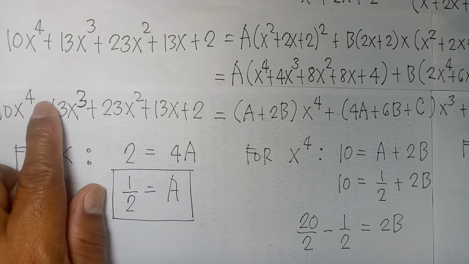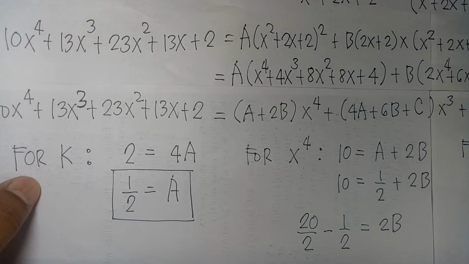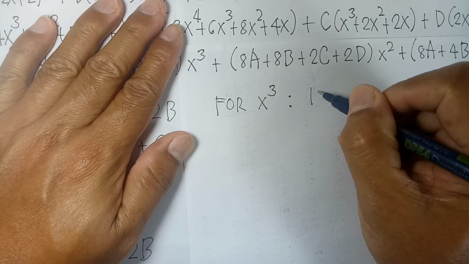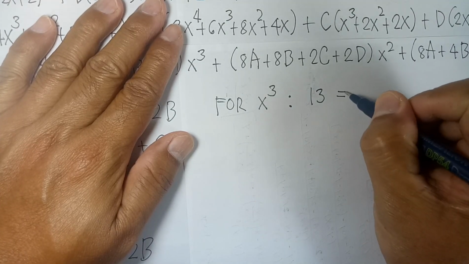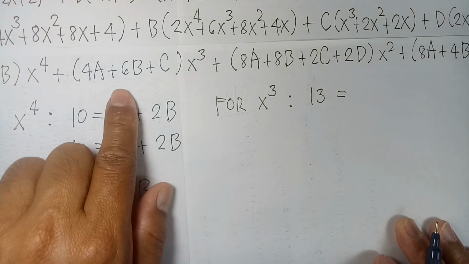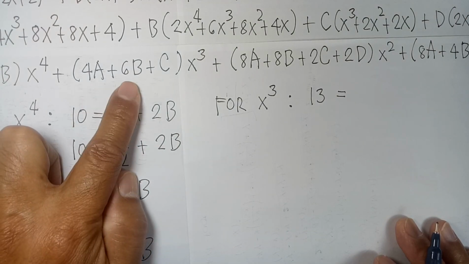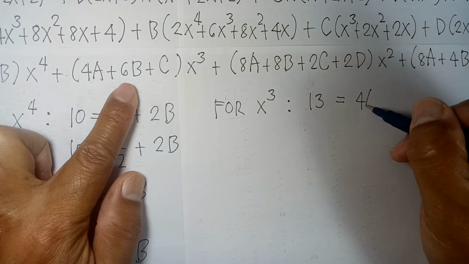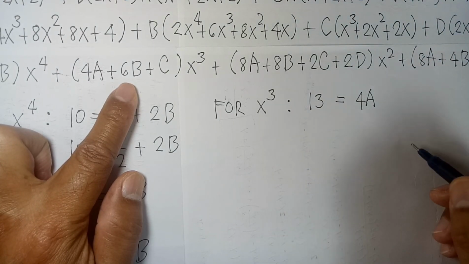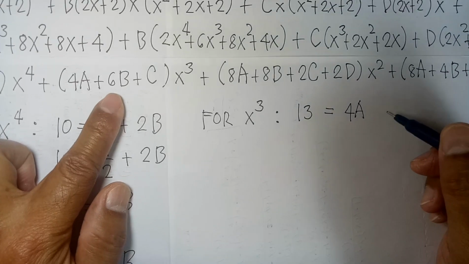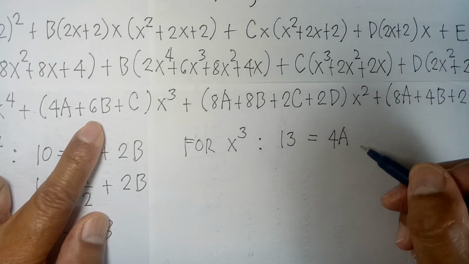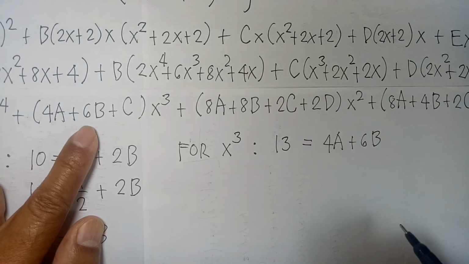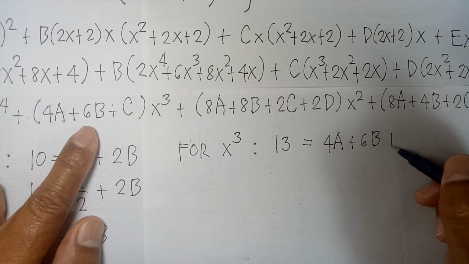Sa right naman ay meron tayong 4a plus 6b plus c. So 4a plus 6b plus c.